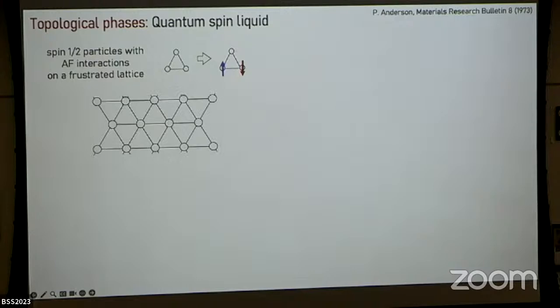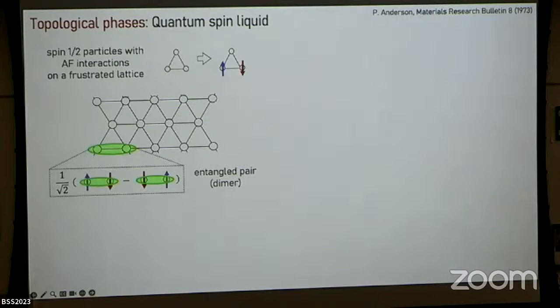Okay, so what he proposed in this paper was, what if the electrons on this lattice form entangled pairs, also called dimers, where the state of the pair is a superposition of up-down and down-up, okay? So all the spins in the system would pair up with their neighbors in this way.